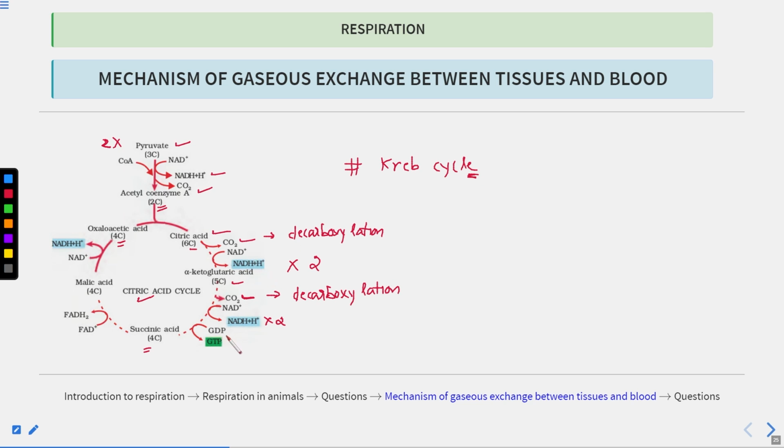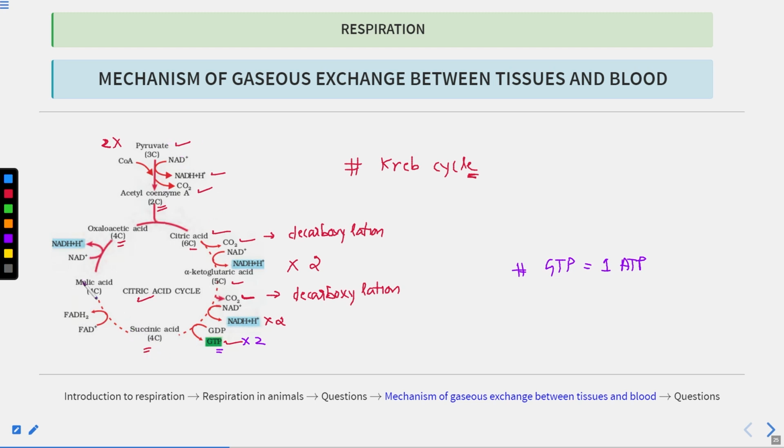Then 1 molecule of GTP is also produced. Here you can see GTP is being produced and you have to remember that GTP, guanosine triphosphate, corresponds to 1 ATP. So here again 2 molecules of GTP will be produced. Again, why? Because 2 molecules of pyruvate were generated.